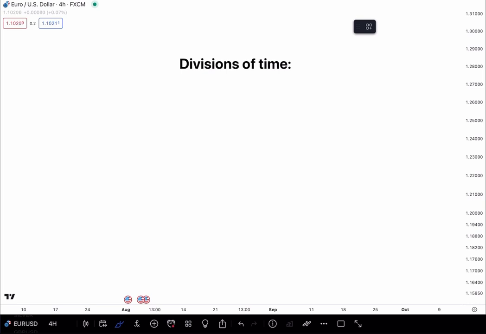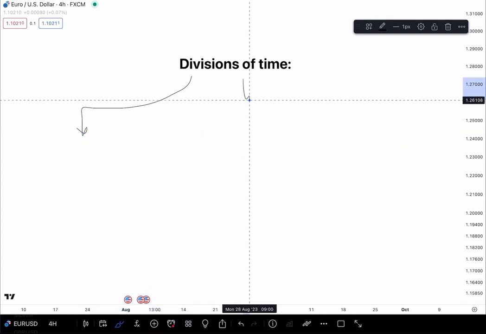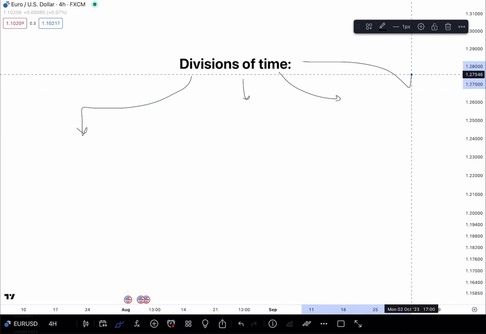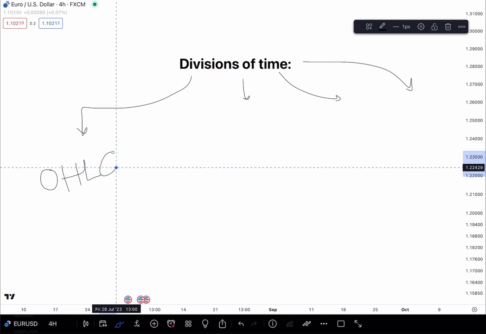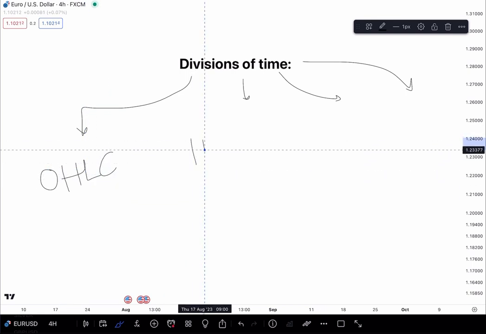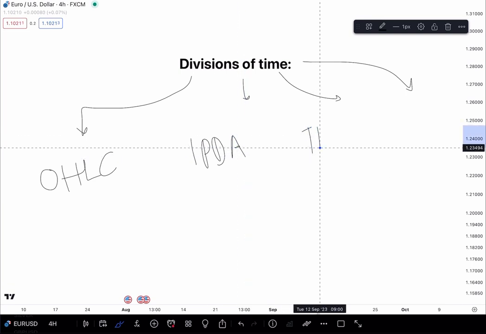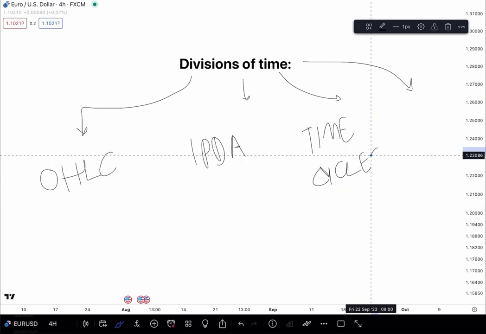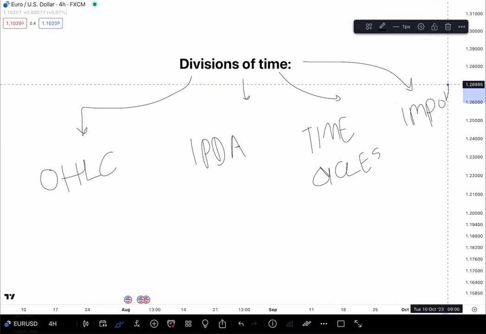When I say time, I'm referring to either the open, high, low, and close, the IPDA data ranges, time cycles, and important dates for swing traders.